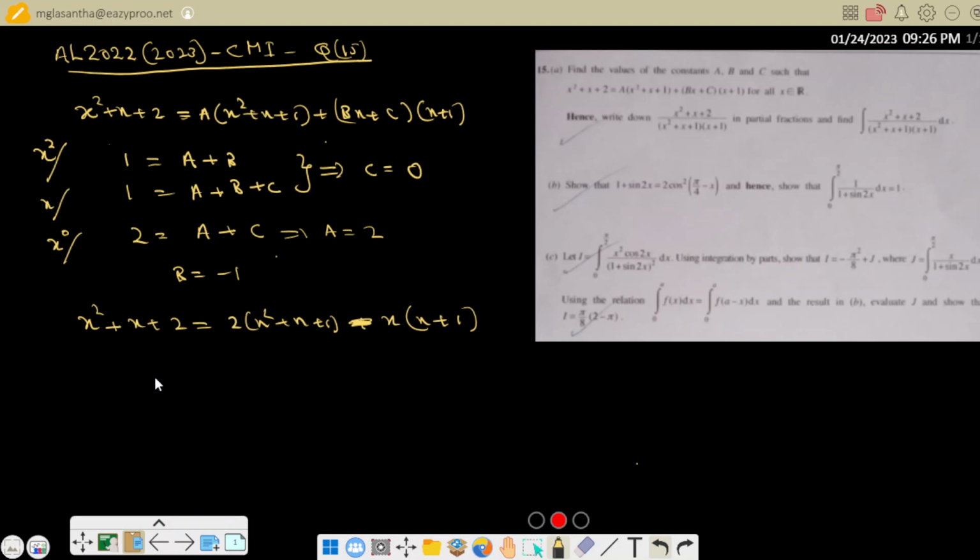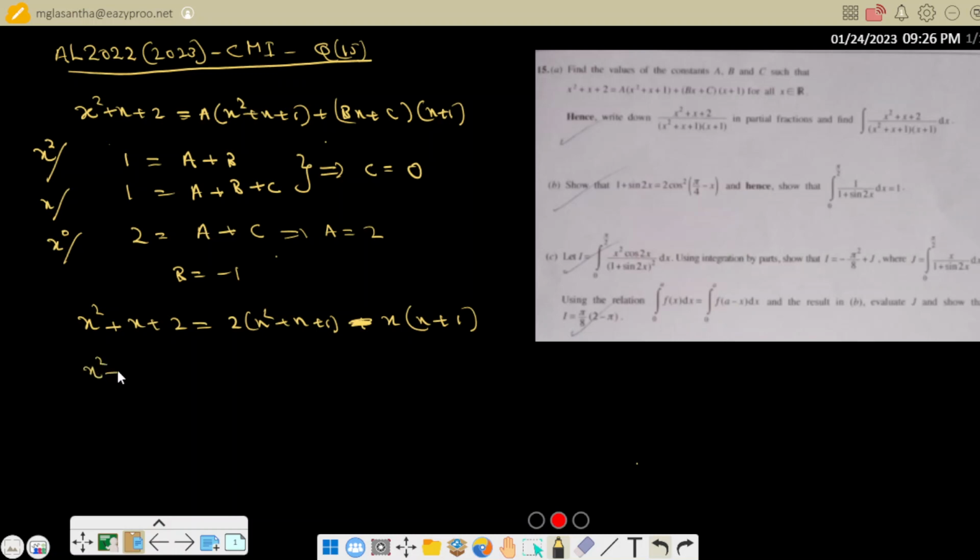So this is the identity, but hence write down the partial fractions of this equation. Now you can divide both sides by (x squared plus x plus 1) into (x plus 1), right?